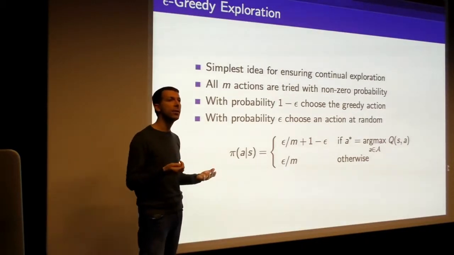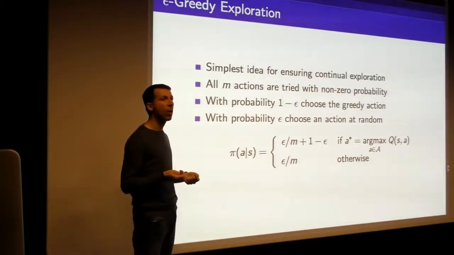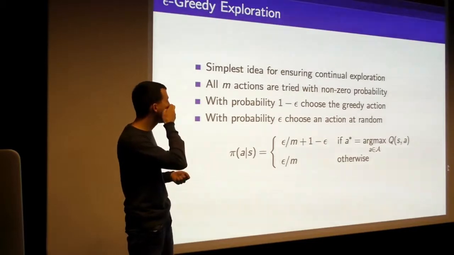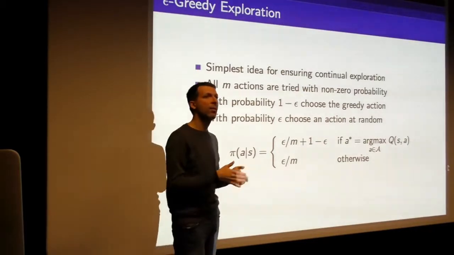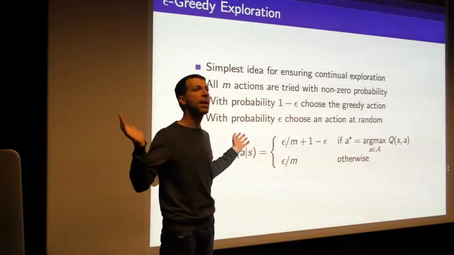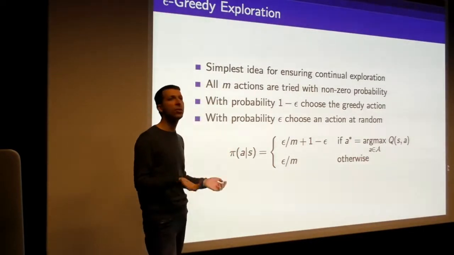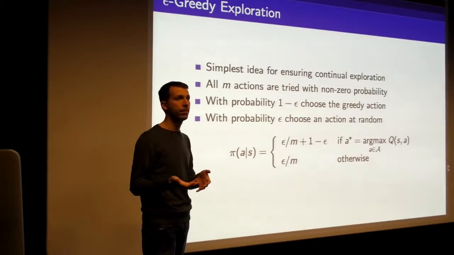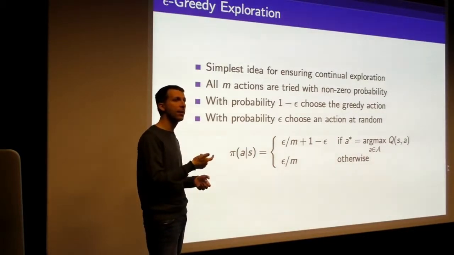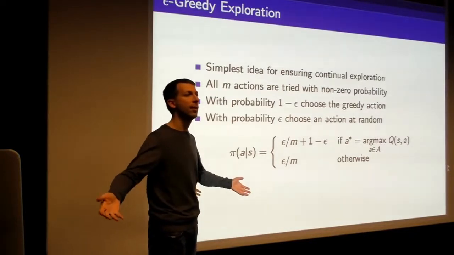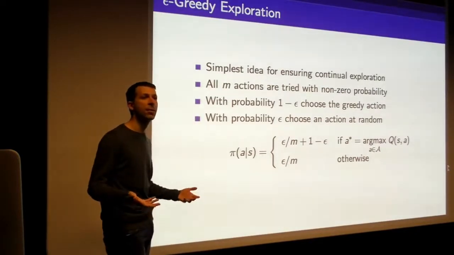And it's very simple. All it says is that you flip a coin. With probability epsilon, you choose a random action, completely random, a uniform random action. With probability 1 minus epsilon, you choose the greedy action. Okay? So you flip a coin. If it comes up heads, you act completely randomly to make sure you see everything. If it comes up tails, you choose the best thing that you know so far.